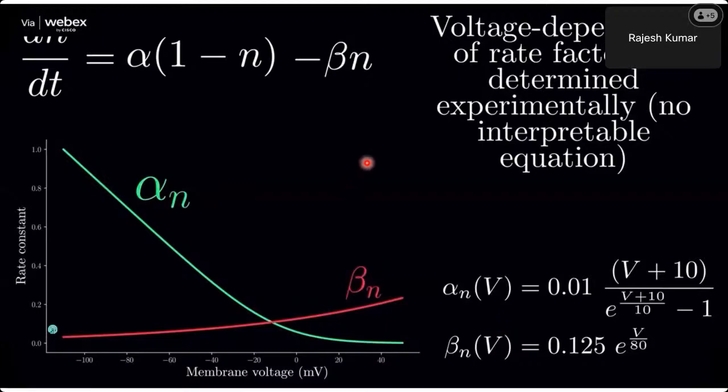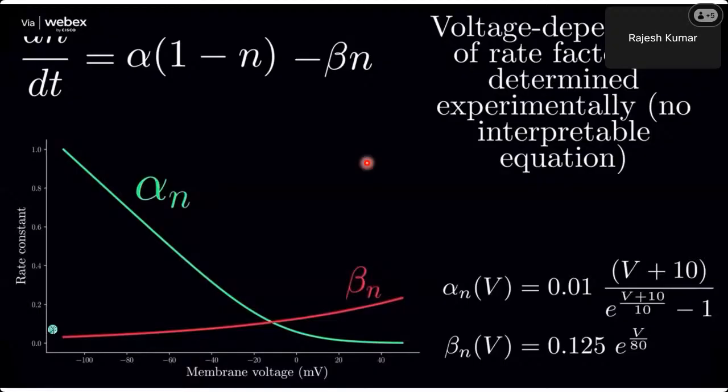My current equation depends on the conductance. Conductance value depends upon the probability of the gates. Probability of the gates depends upon the permissive and non-permissive states, which is basically a differential equation, and it depends upon alpha and beta.